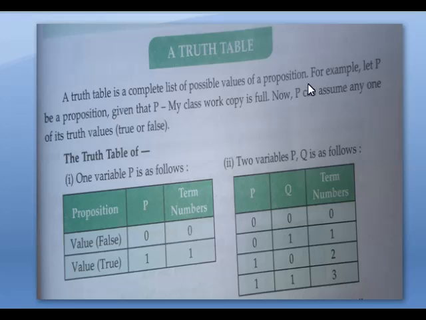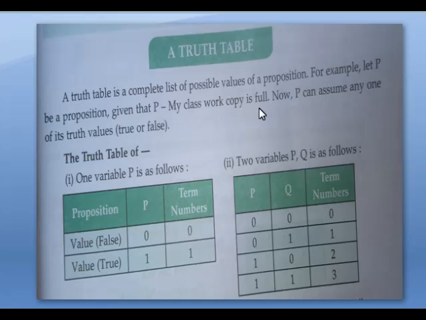For example, let P be a proposition, given that P, one statement is there in the variable P: my class work copy is full. Now P can assume any one of the truth values, true or false, yes or no. If it is full, it is yes.